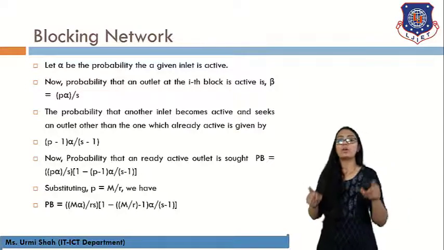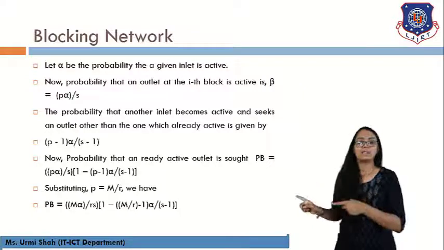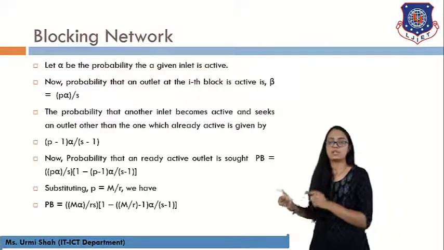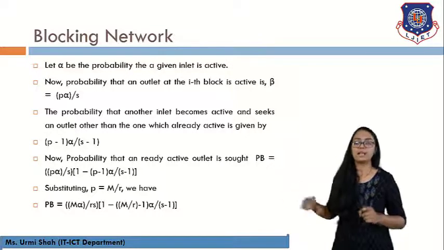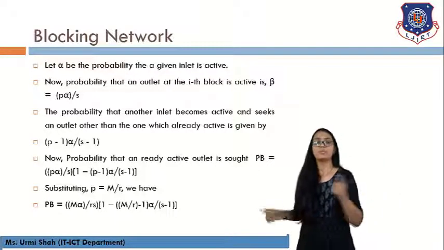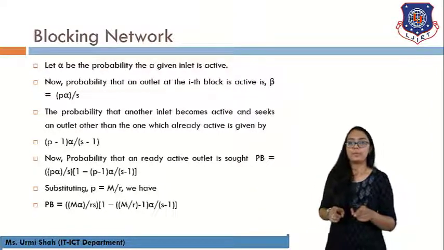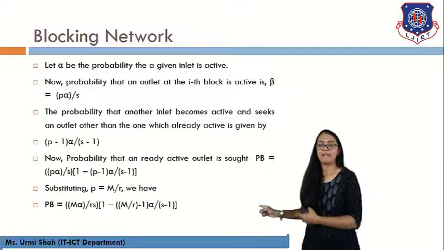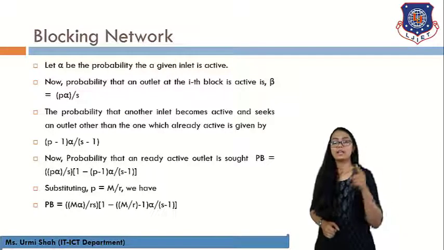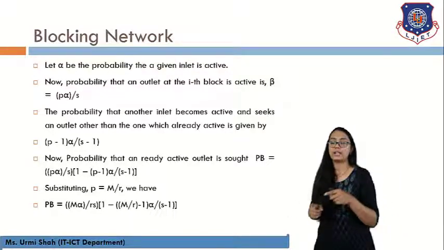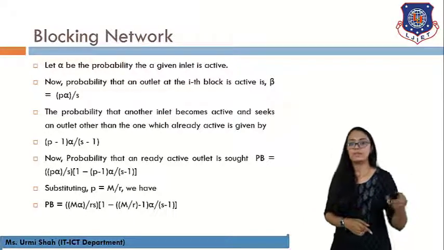So this is the overall blocking probability that a network will be blocked if this condition arises. Substituting the value of P, that is equal to M by R, we have the formula for the probability of blocking as M multiplied by alpha divided by RS into 1 minus (M divided by R minus 1) into alpha divided by (S minus 1).